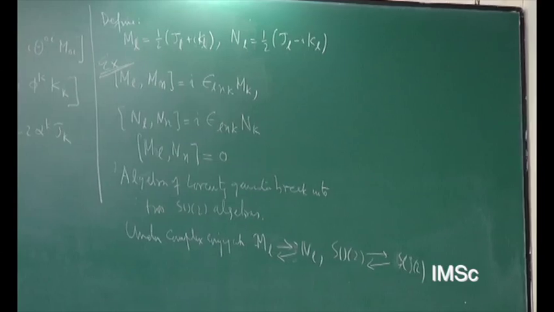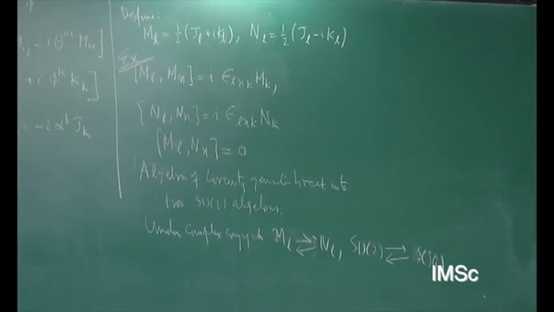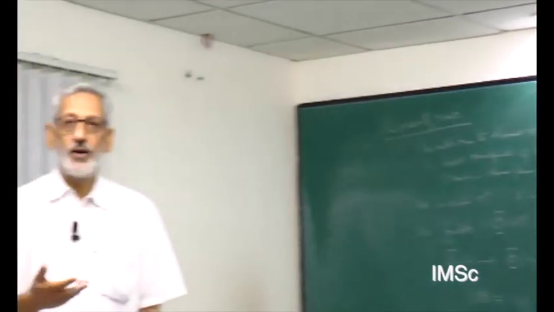So this is a very nice property, and this is a property we'll exploit in terms of writing the representations of the Lorentz group, because we know how to write representations of SU2.